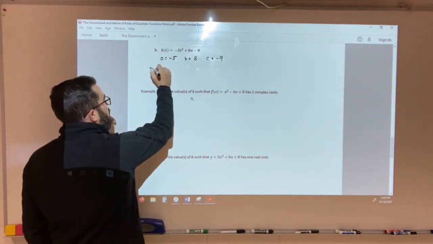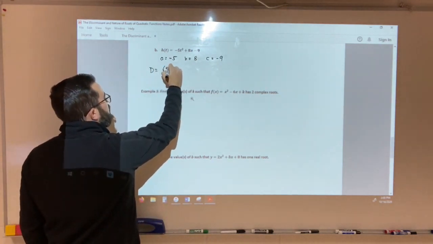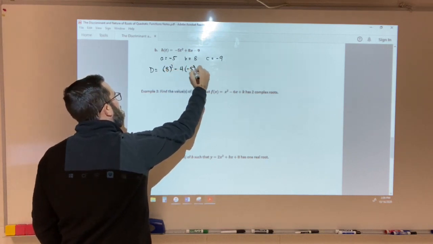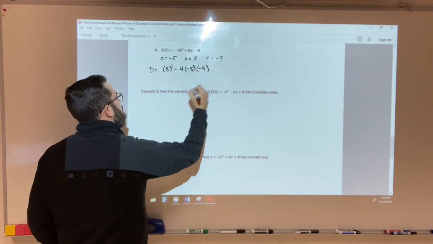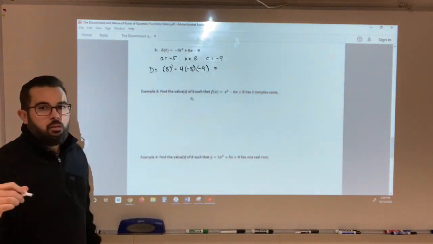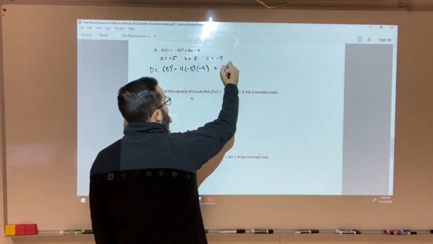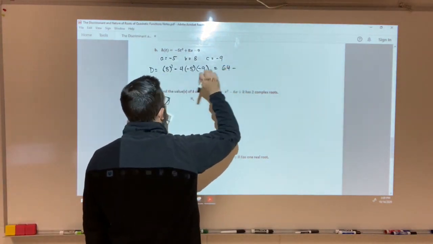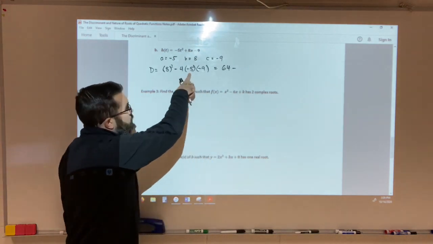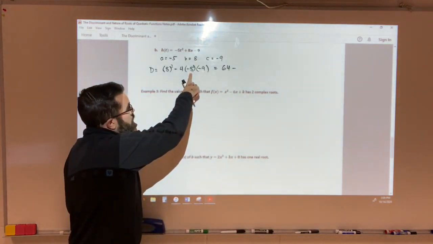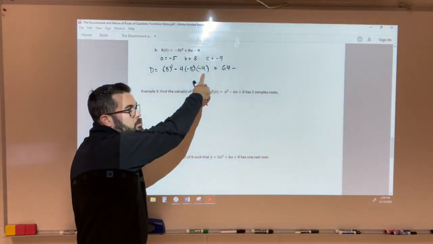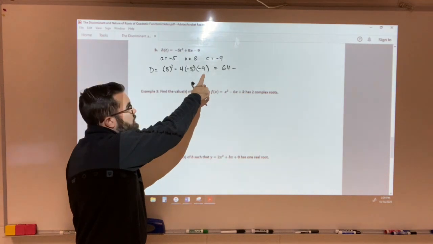Okay, the discriminant would be 8 squared minus 4 times negative 5 times negative 9. So 8 squared is 64 minus 4 times negative 5 is negative 20. Negative 20 times negative 9 is 180.